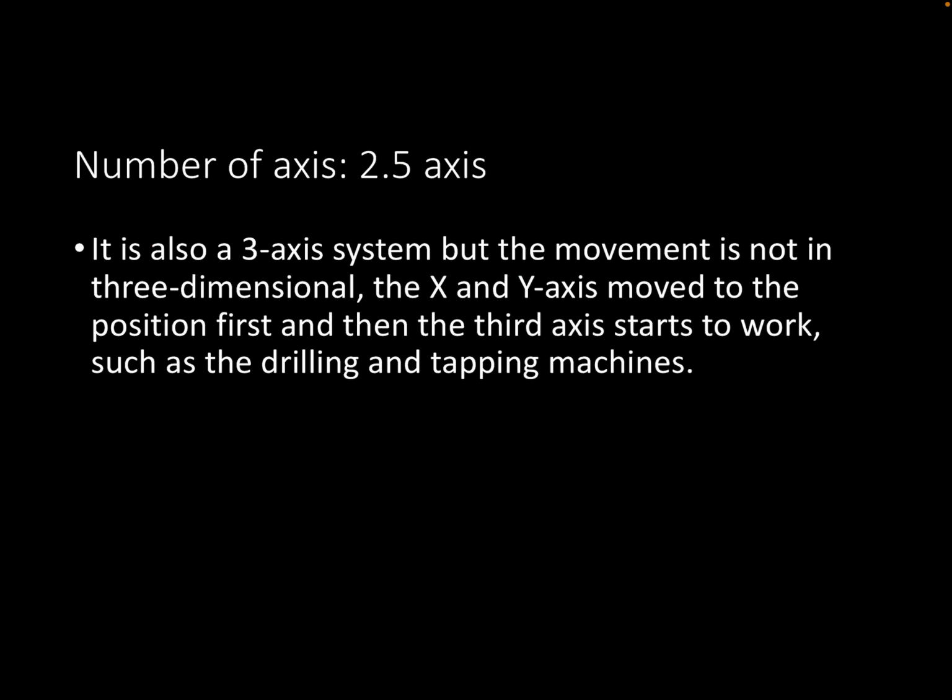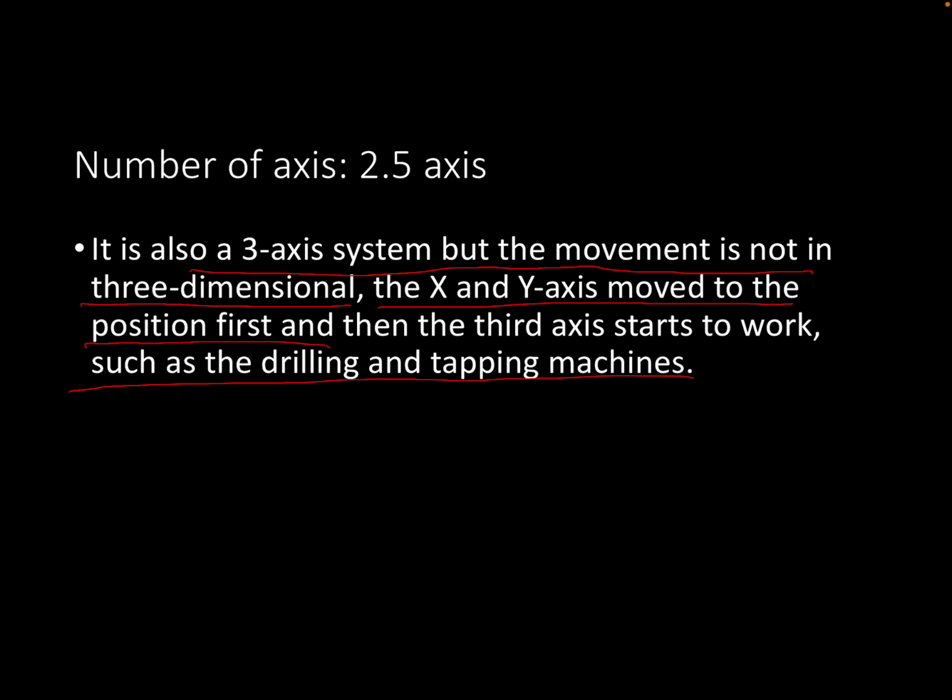Now 2.5-axis CNC machines. It is also a 3-axis system, but the movement is not in 3 dimensions. The x and y axes move to the position first, and then the 3rd axis starts to work, such as in drilling and tapping machines.